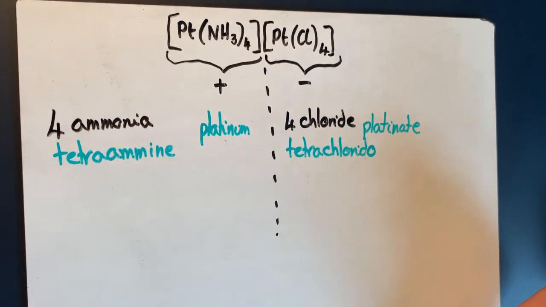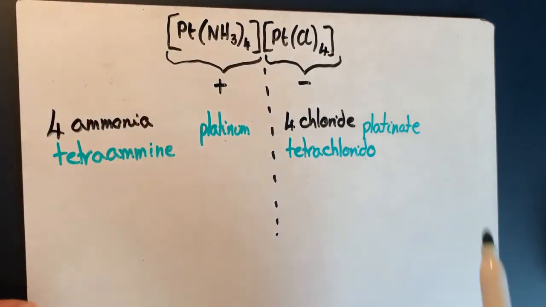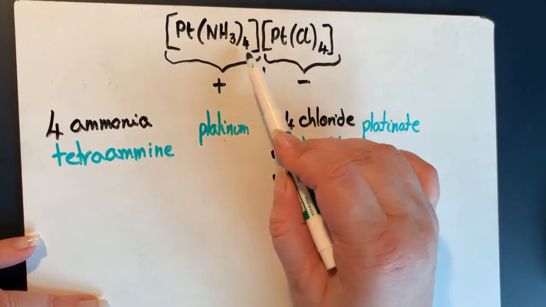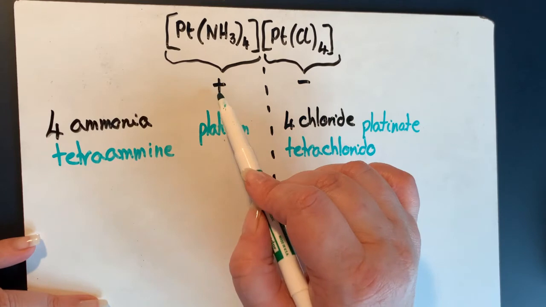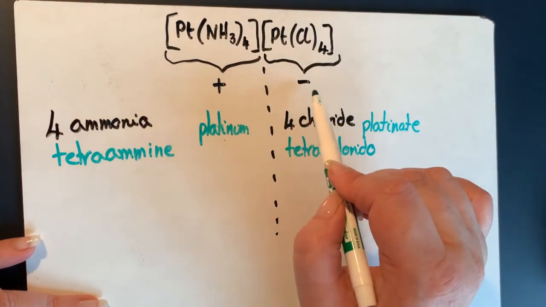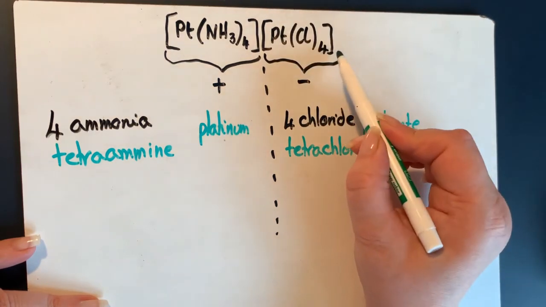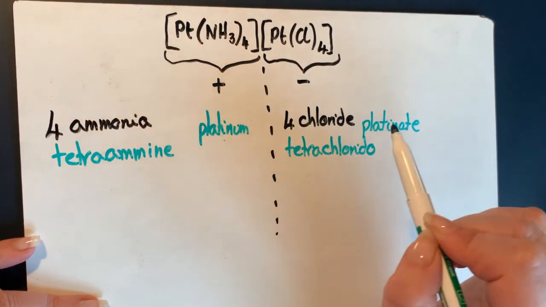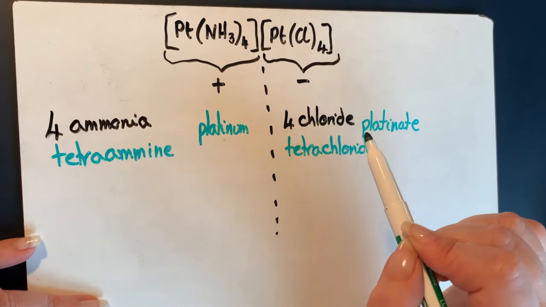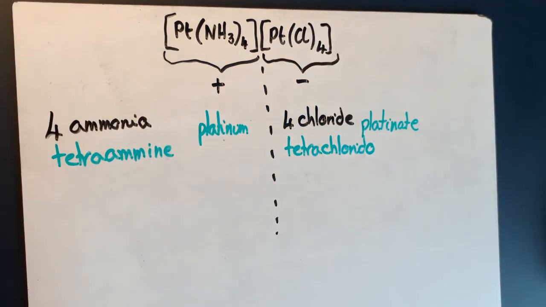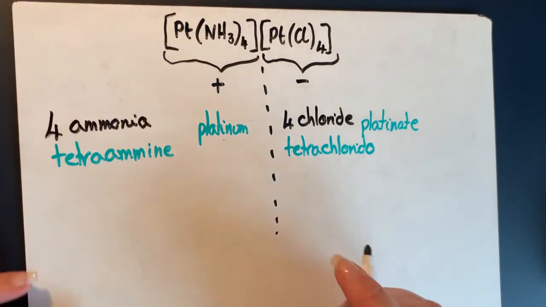So now it's just a case of working out what the charges are on each of these. We know, because there's no balancing numbers either side, that these charges, although positive and negative, will be equally positive and equally negative because there's not a multiplier after each of them. So when we work out our charges, they should be the same, just opposite signs. So let's take the first one.